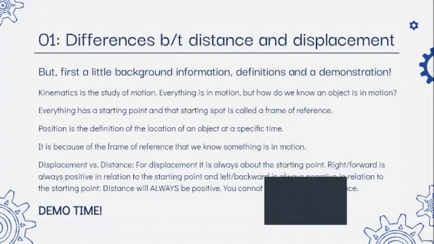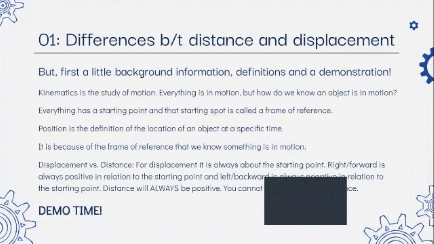So if I start here, sitting at my desk, in my chair, distance will always be positive. You cannot ever travel a negative distance. This is my starting point where I'm at right now. If I push off my desk and go backwards, that wasn't smooth, but you get it.